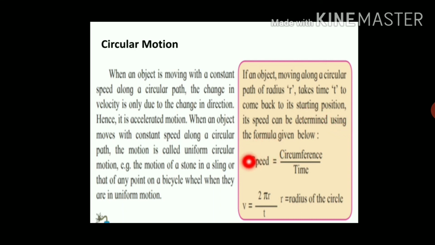The speed of circular motion is equal to the circumference of that circular path divided by the time taken to travel that circular path, and therefore the speed of the object, that is v, is equal to 2 pi r upon t, where r is the radius of the circle. 2 pi r upon t.